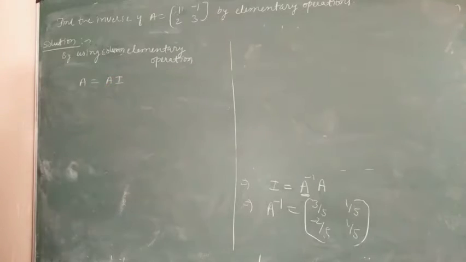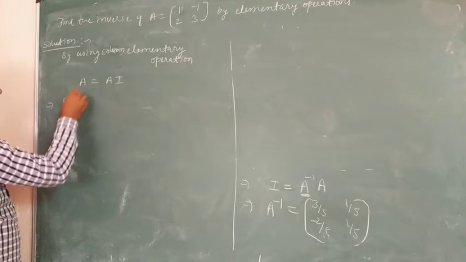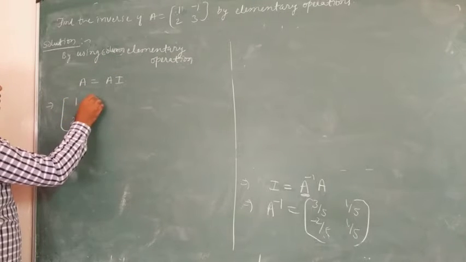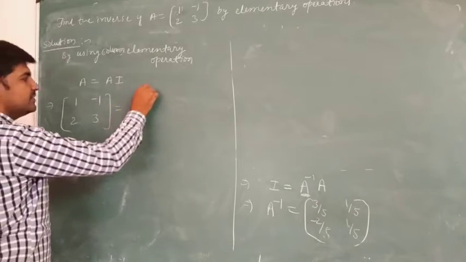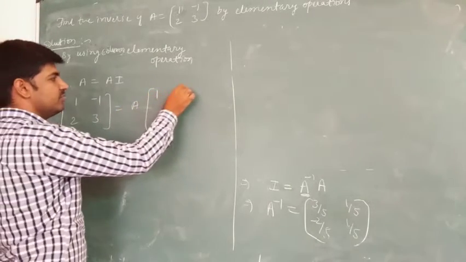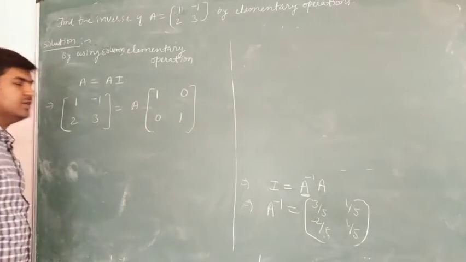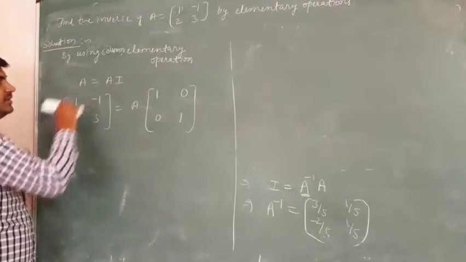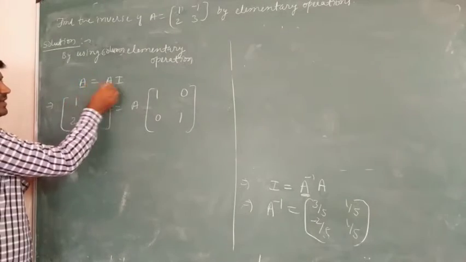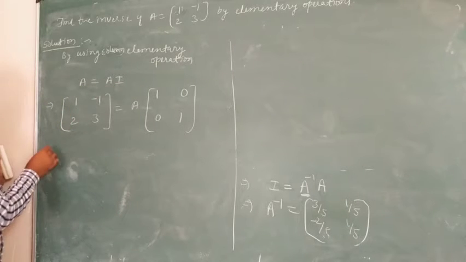The value of A is [1, 2; -1, 3], and that is equal to A times the identity matrix [1, 0; 0, 1], because when we use the column elementary operations, then we can use it on this particular matrix. This has been told to you.